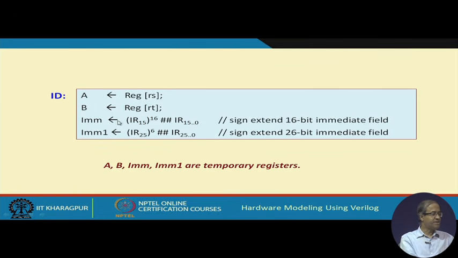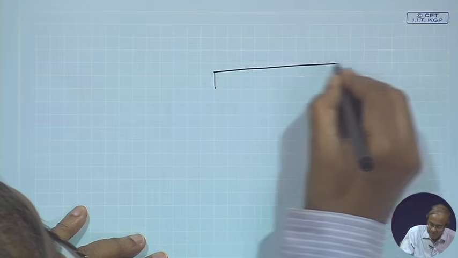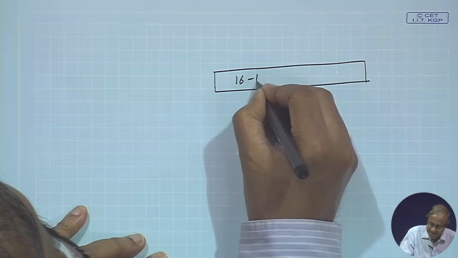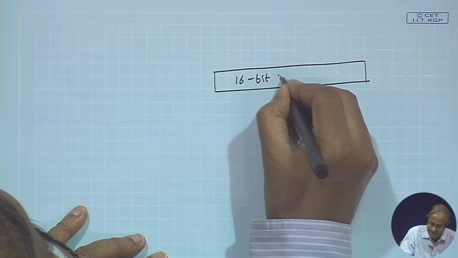Let us try to understand what we are doing here. You see, we have a 16 bit immediate field, we have to extend it to 32 bits. So, what we are doing is as follows. We have a 16 bit immediate field.